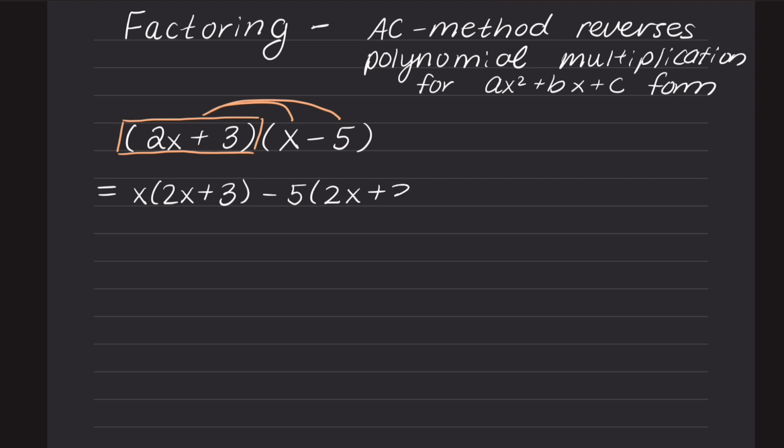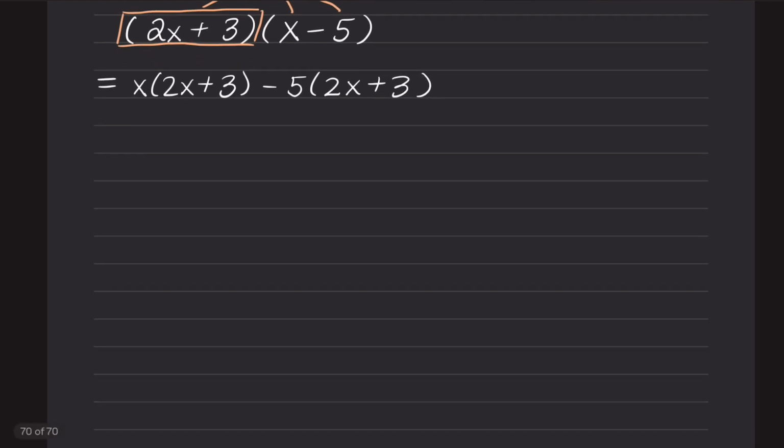2x plus 3. And then I'm going to go through another round of distributing. Distribute this x, distribute the minus 5. And I end up getting 2x squared plus 3x minus 10x minus 15.